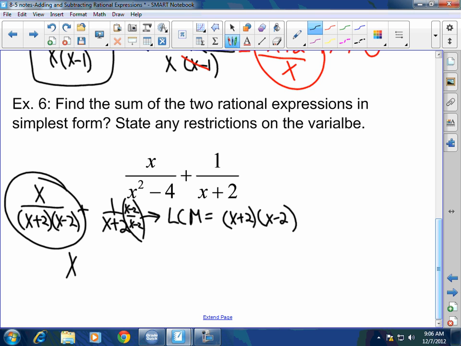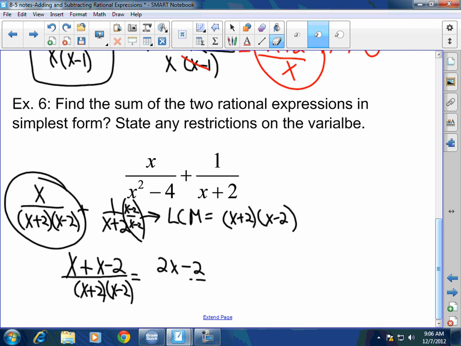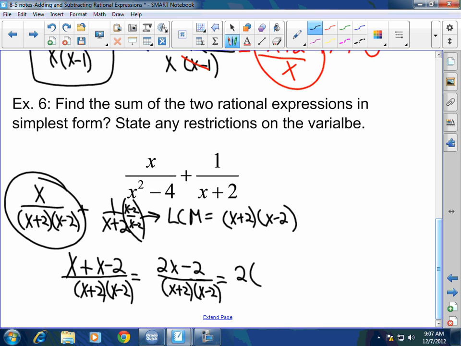So I'm going to get x plus x minus 2 over x plus 2 times x minus 2. Add the numerators, keep the denominator. 2x minus 2 over x plus 2 times x minus 2, which will equal 2 times x minus 1 over x plus 2 times x minus 2.